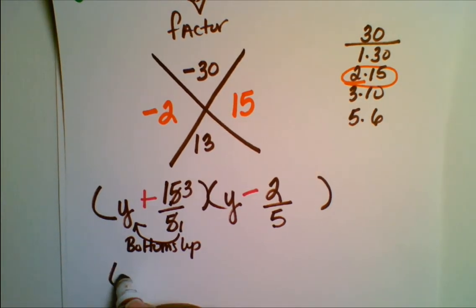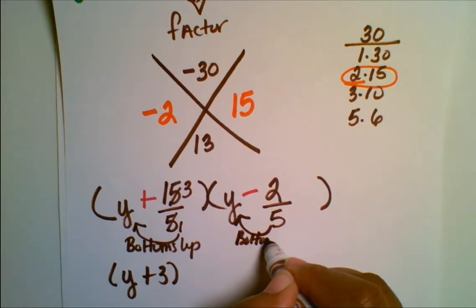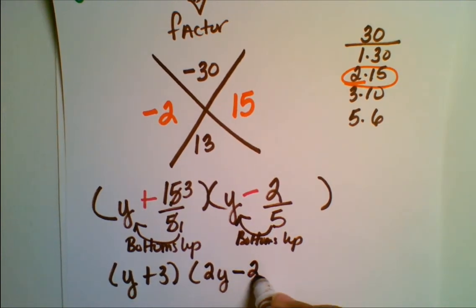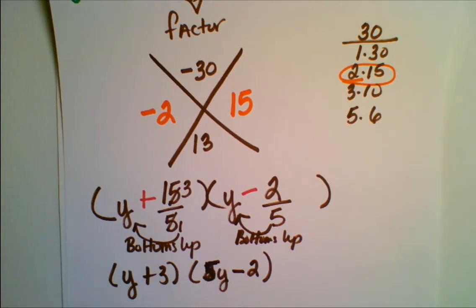That would give us 1y or y plus 3, bottoms up. 5y minus 2. Excuse me, not 2y, but 5y. That is a 5 minus 2.